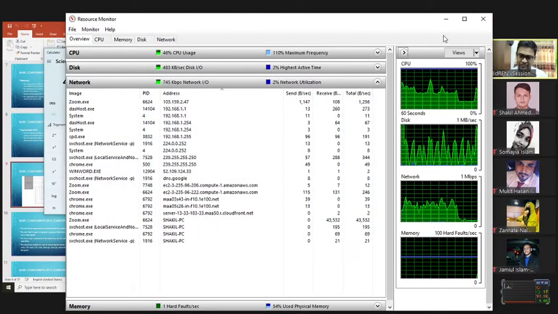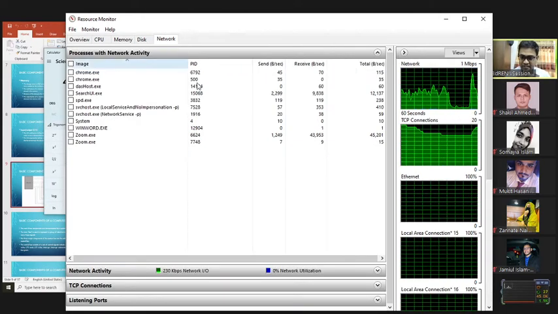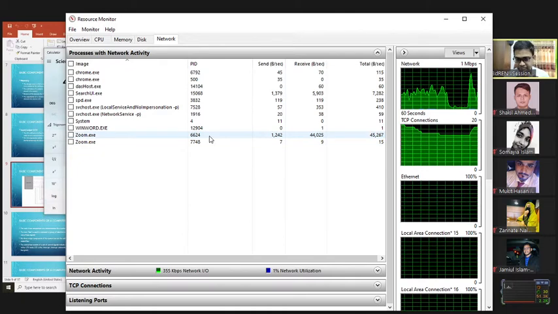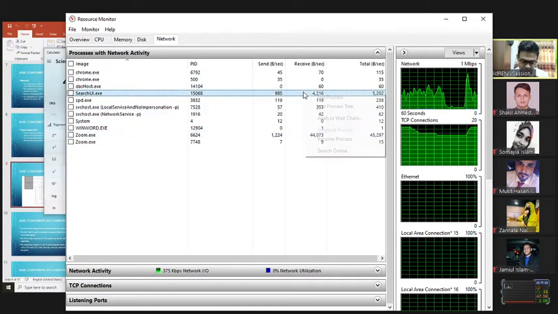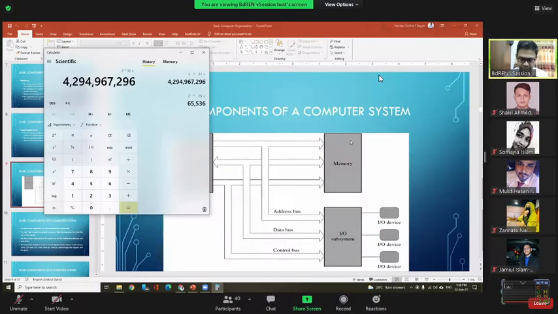That's why when I used my first computer, it had only 128 megabyte of memory, because my processor was Pentium 4 and that was a 32-bit processor.